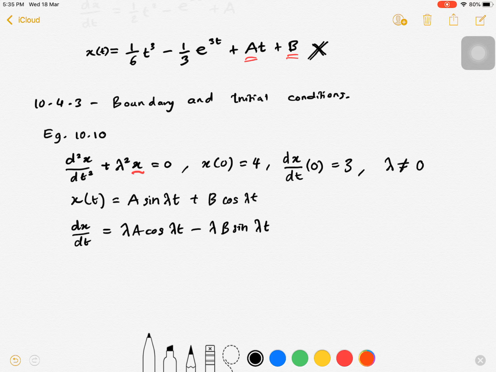If we want to know only the general solution, this is the general solution. But since we are given the boundary conditions, this one and this one, we can solve it.